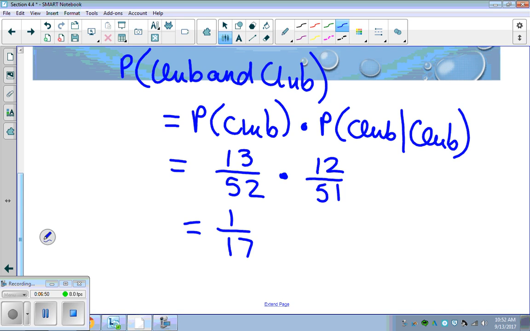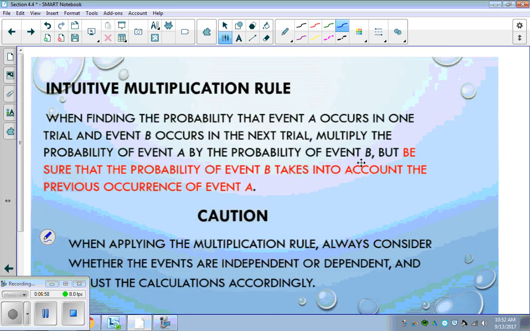So that's the probability of an AND situation, and I have a given. So intuitively, it's what we talked about at the very beginning. You guys already knew when I talked you through drawing those cards, you realized what was happening. I didn't really need my formula, but my formula was there to guide me.